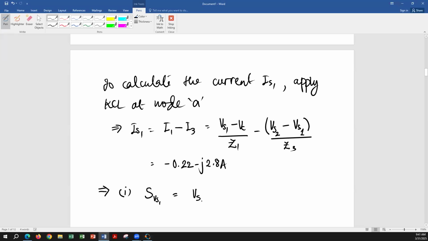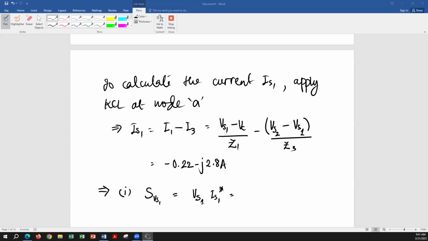Anybody remember the formula of complex power? V times the conjugate of current, exactly. So VS1 times IS1 complex conjugate.